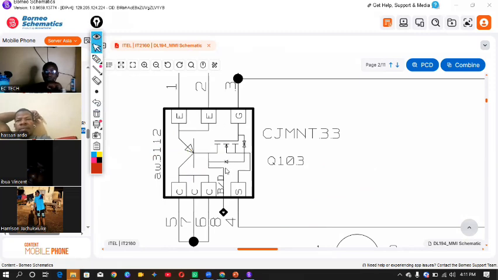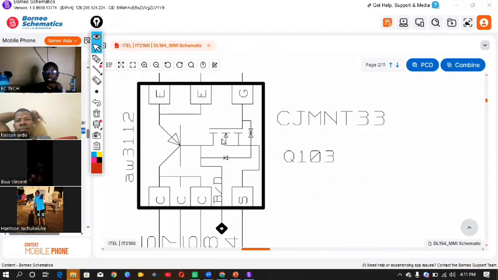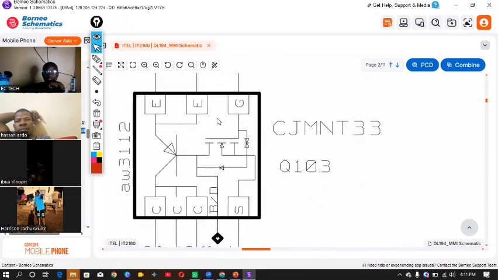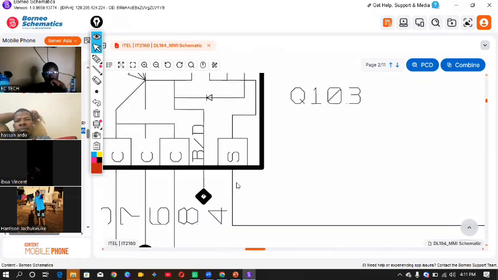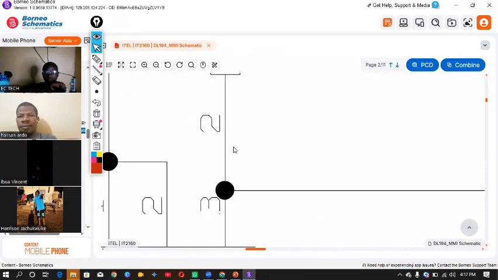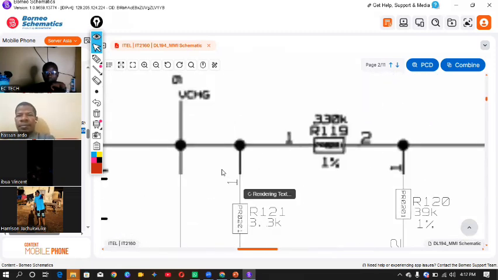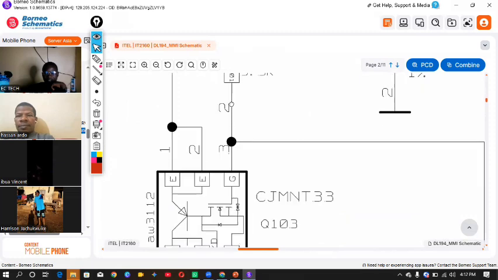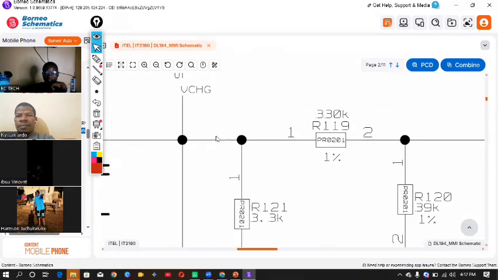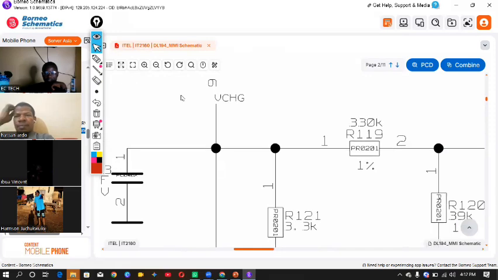For the principle of the N-channel MOSFET, the gate voltage must be greater than what? Than the voltage that is coming from the source, which is 2.8 volts, right? Now, let's see where the gate is coming from. You can see the gate. Let's see where it's linked. It's linked to this P charge line, which is 5 volts.